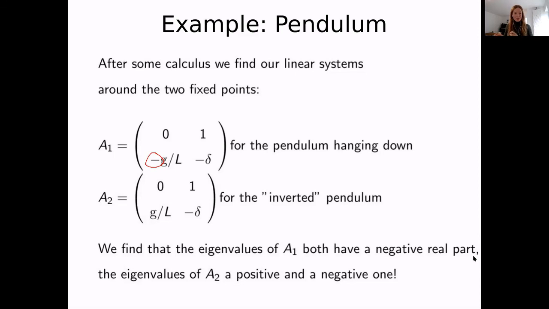In fact, they also have an imaginary part, which gives us this nice oscillation. But we also have a negative real part, so that the amplitude of our oscillation decays over time until the fixed point is reached, which is stable, the stable case of the pendulum just hanging down.